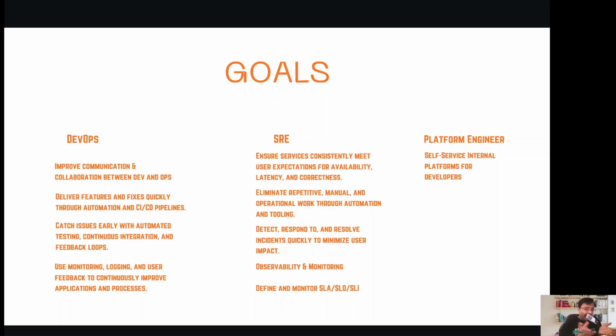So that kind of internal platform or self-service tool I can build can help developers commit their code much faster, so that they can focus on other development activities.